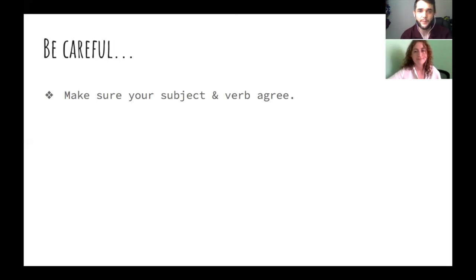And this is particularly important when we're thinking about pronouns such as everybody or somebody. This is very important because these words may sound as if they're plural, but they're actually singular. So we wouldn't say everybody swim, we'd say everybody swims.